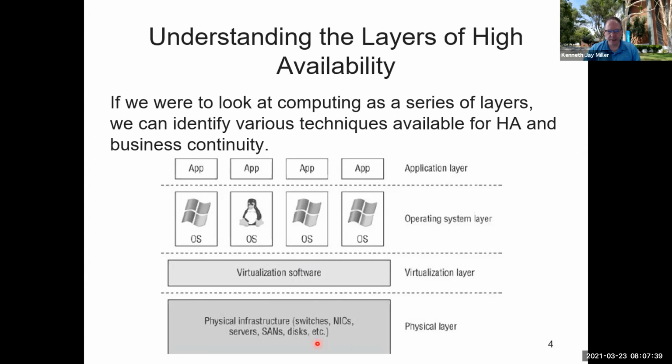So this would be not only our servers, but also any switches, network cards, storage area network, disks that may be external to our system. All of those would be part of the physical infrastructure. And then we have the virtualization layer, which includes the hypervisor.